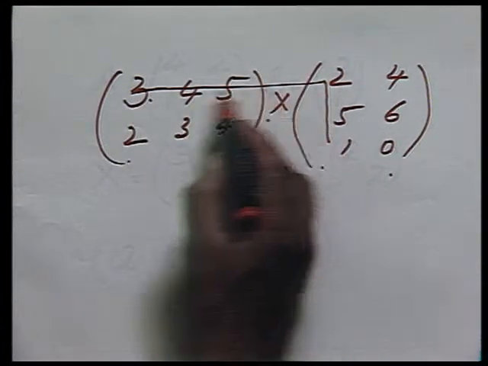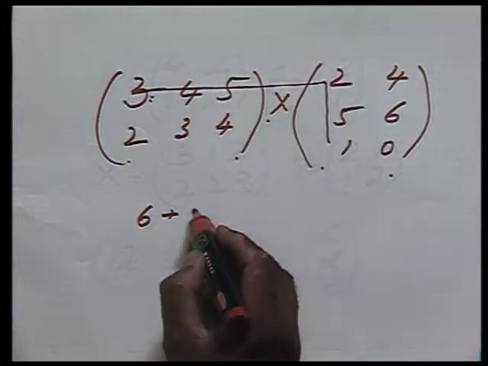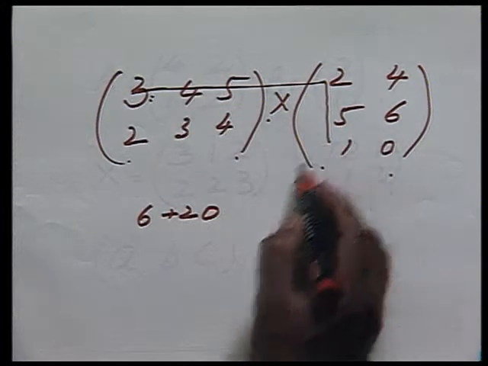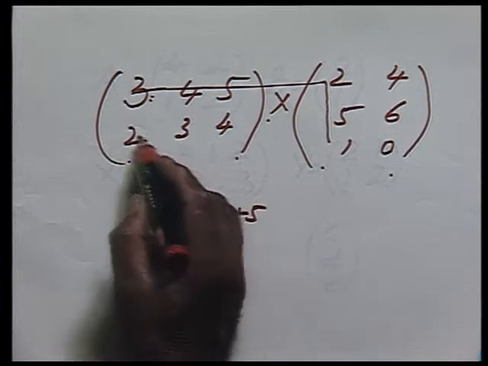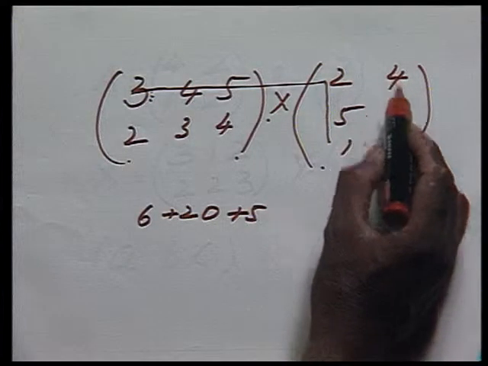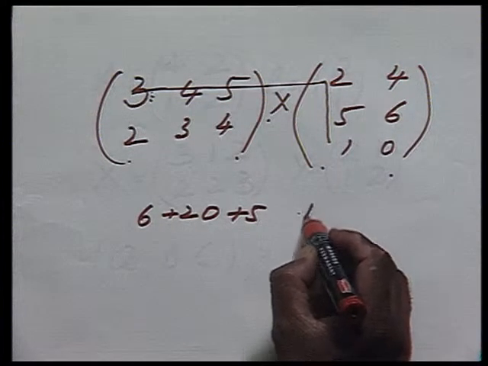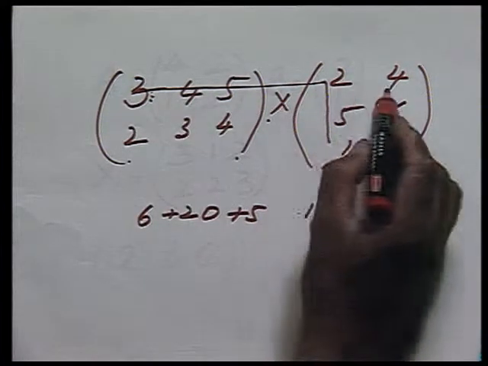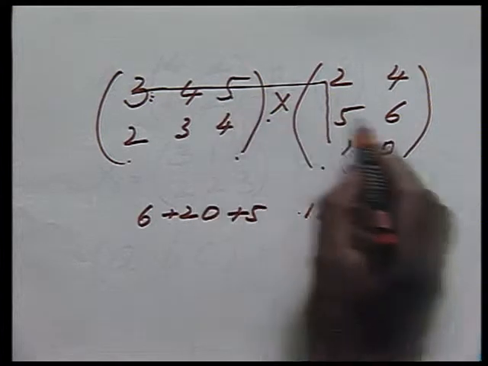So, 3 times 2 is 6, and then plus 4 times 5 is 20, 5 times 1 is 5, this comes as our first element. Now, we want to multiply this with this to get the element here. 3 times 4 is 12, 4 times 6 is 24, 5 times 0 is 0.